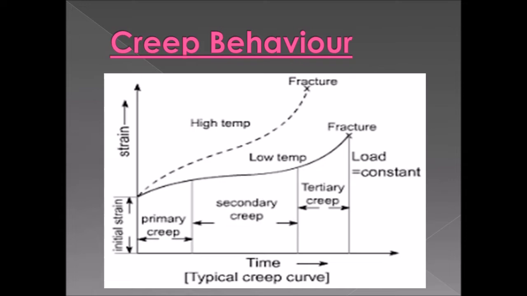Then with the time being, the tissue will elongate with the same load. That is the secondary creep that will occur, and ultimately the repetitive loading will lead to creep strain, and that will lead to the fracture of the bone ultimately.